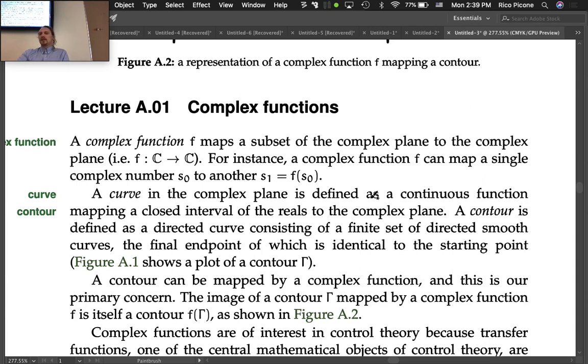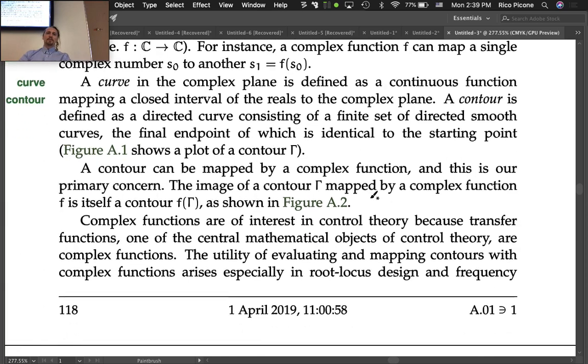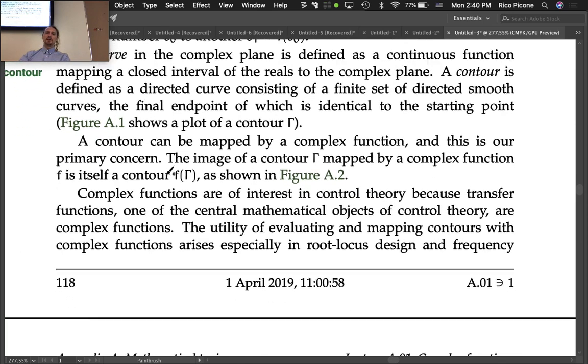So it works like the usual real function: put in a real number, get a real number. If you put a complex number into a complex function, you get a complex number back, even if that complex number is just a real number, because the reals are just a subset of the complex plane. So we're going to skip the stuff about contours and curves.